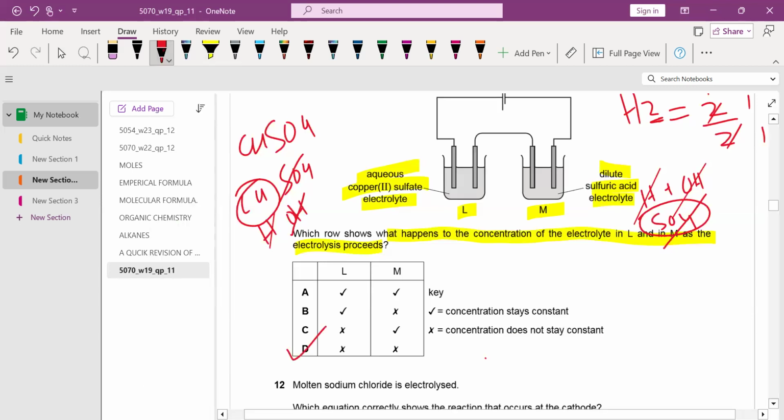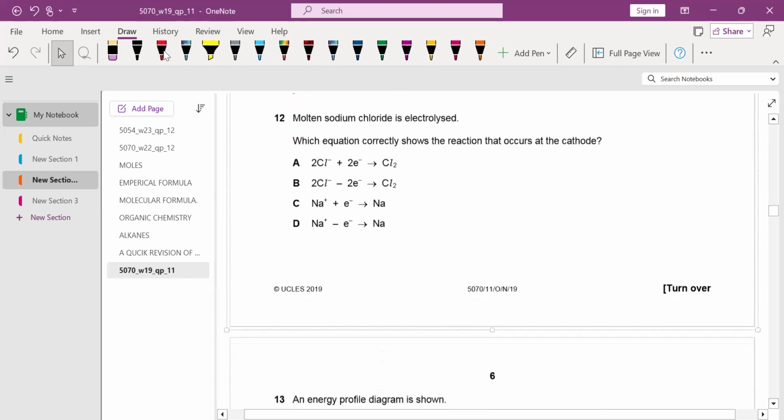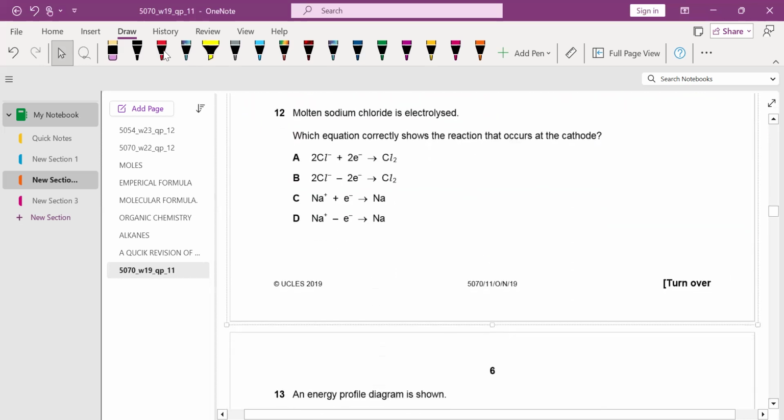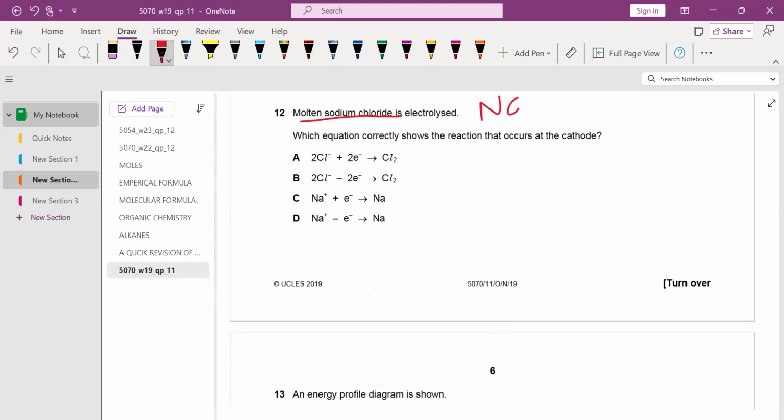So option D is correct for question number 11. Then question number 12, molten sodium chloride is electrolyzed. Which equation correctly shows the reaction that occurs at the cathode? Molten sodium chloride, NaCl, does not have H or OH ions because it is molten. So at the cathode, the equation would be Na plus plus an electron, which gives Na.